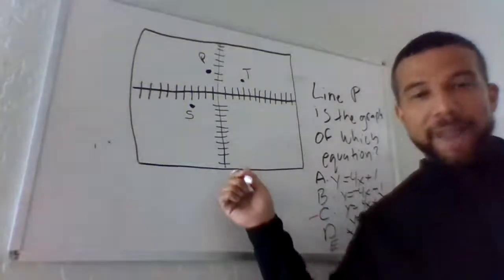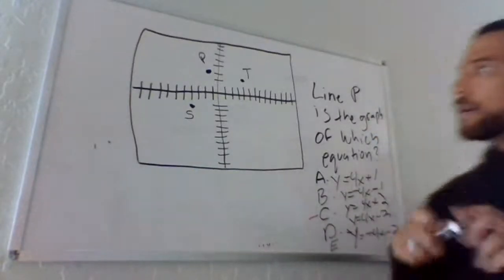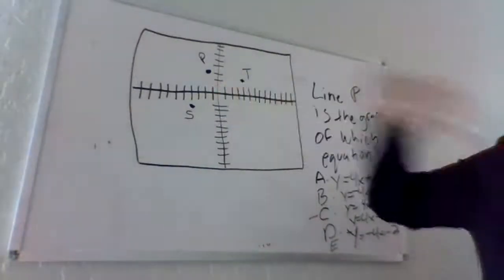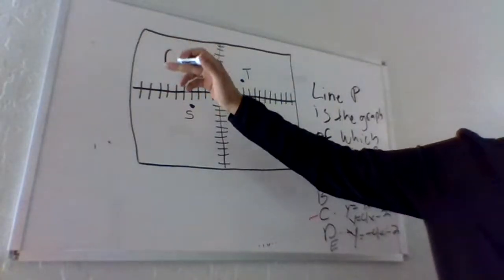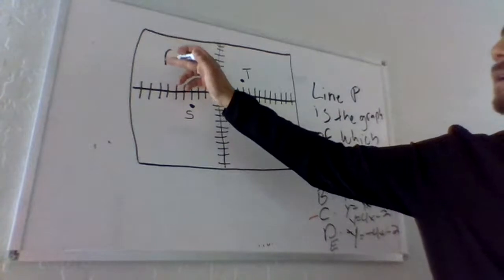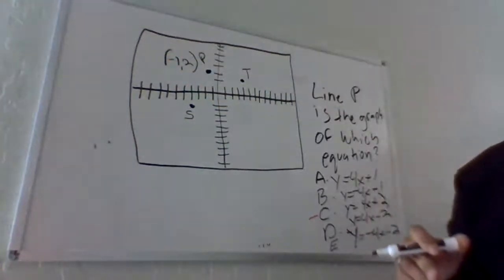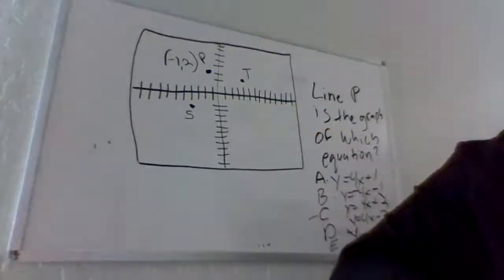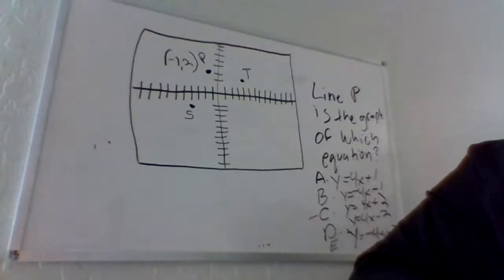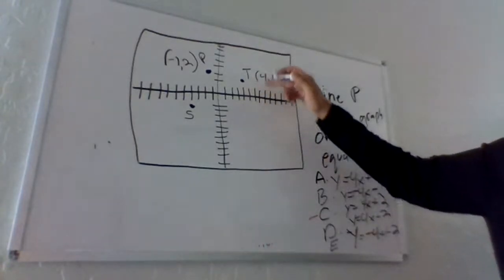So graph this. I know it might be a little hard. I'll even give you the ordered pair. So for P, the ordered pair is going to be -1 and 2. For T, the ordered pair is going to be 4 and 1.